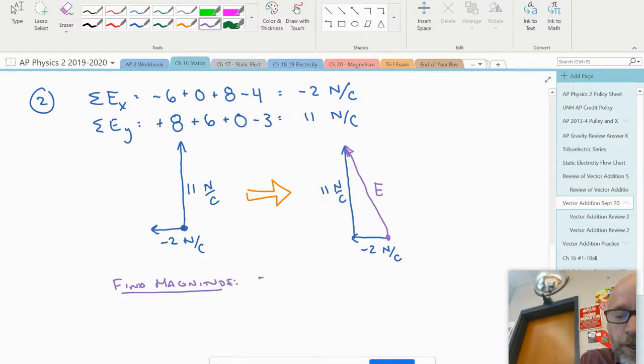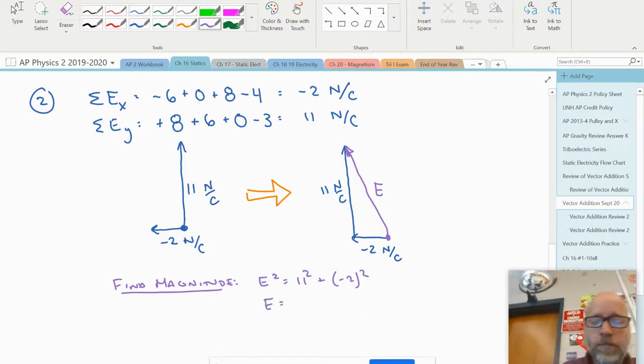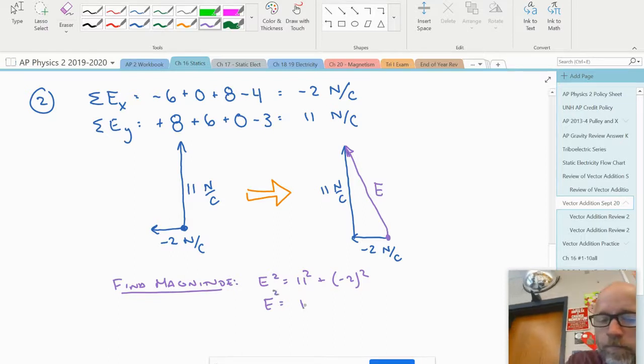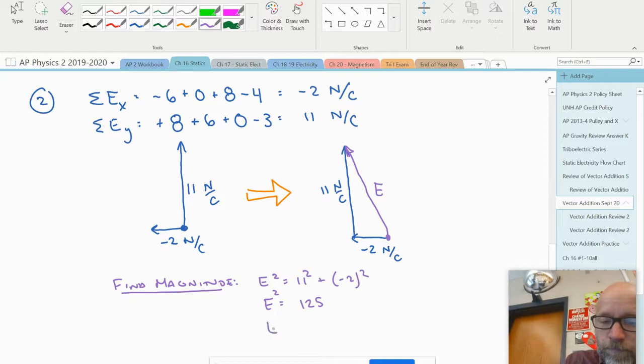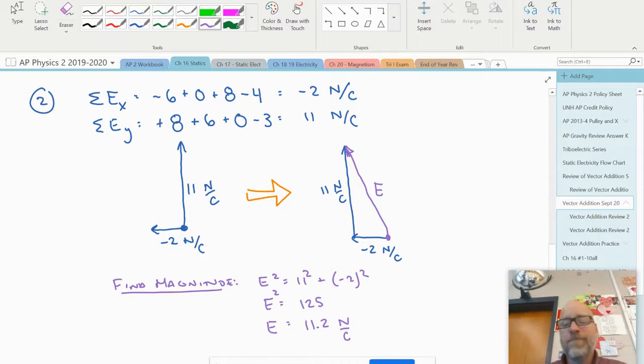To find the magnitude, I'm going to do E squared equals 11 squared plus negative 2 squared. That's 121 plus 4. Or 125, I hope. Take the square root. I have 11.2. Keep it at the right sig figs, we'll all be happy.